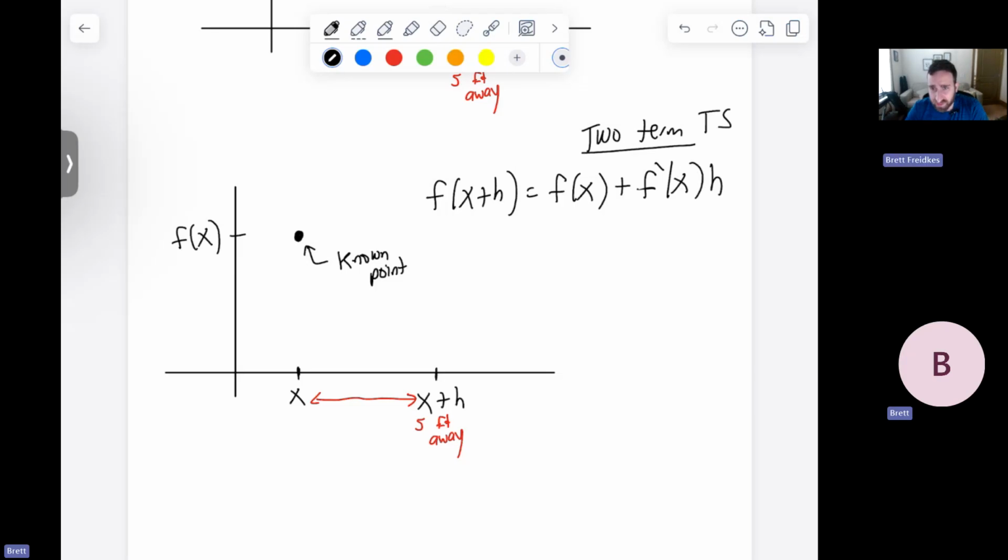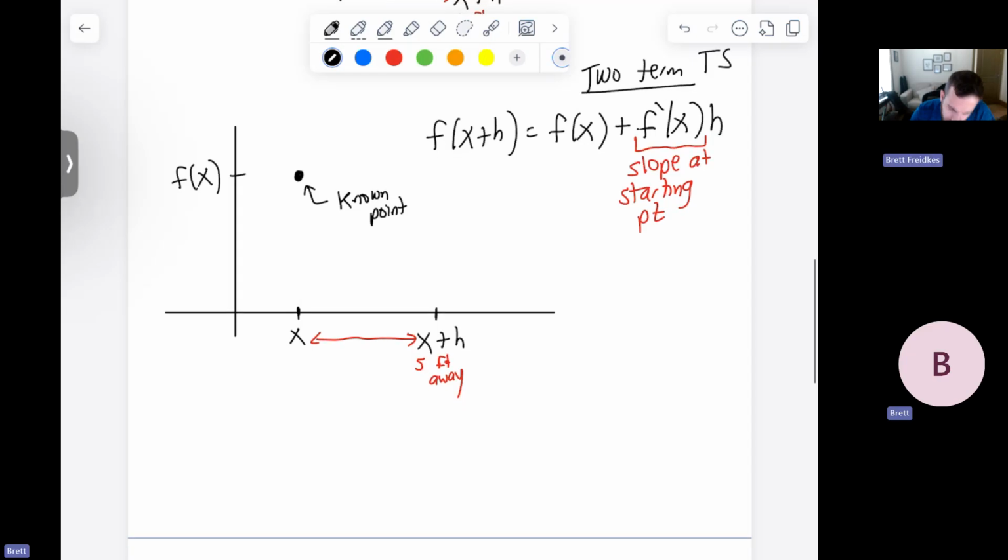And let's think about this a little bit. This f prime of x is the derivative, or the slope, at the starting point where we threw the paper airplane from. And if you think about this in terms of high school algebra, where instead of dealing with f of x and f of x plus h, remember that those are y values.